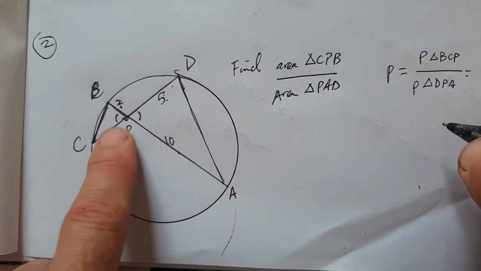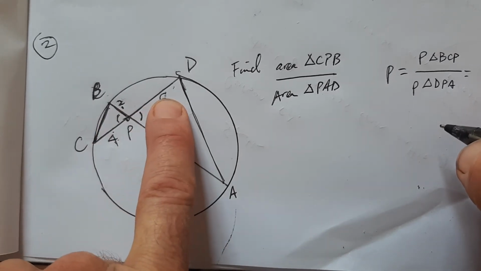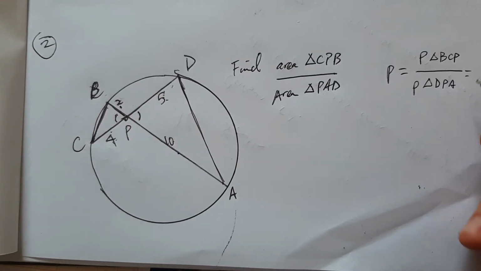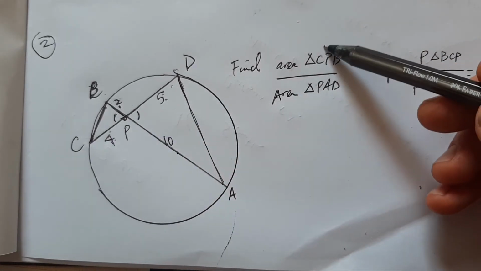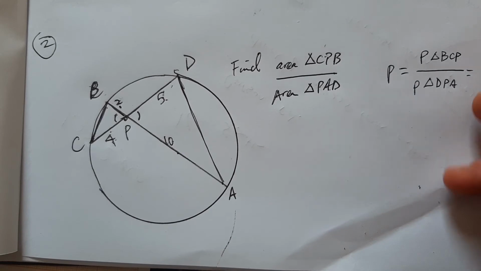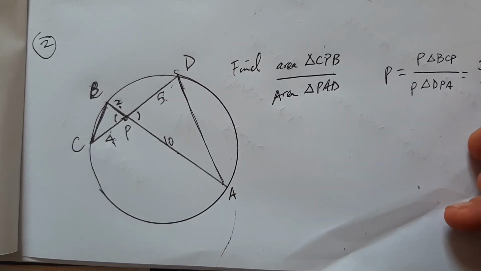Well, the ratio of the perimeters is 2 to 5. Right? The ratio of the small one to the big one. Yeah, the small triangle to the big triangle. The ratio of the perimeters is 2 to 5.